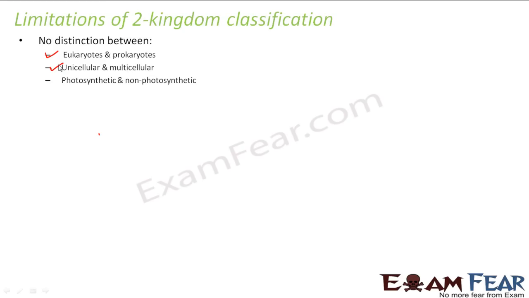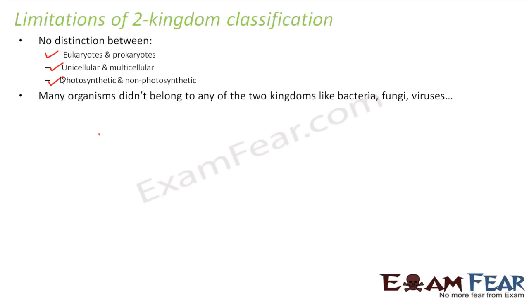There was no distinction between photosynthetic and non-photosynthetic. So in this case, there was no consideration given to the cell structure or the number of cells present in an organism or the food habit. Secondly, many organisms didn't belong to any of the two kingdoms, like bacteria, fungi, viruses.